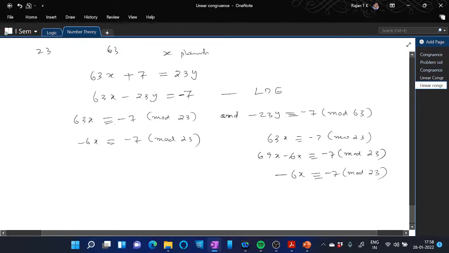So 63x congruent to minus 7 mod 23 is reduced to minus 6x congruent to minus 7 mod 23. Multiplying by minus 1, 6x congruent to 7 mod 23.